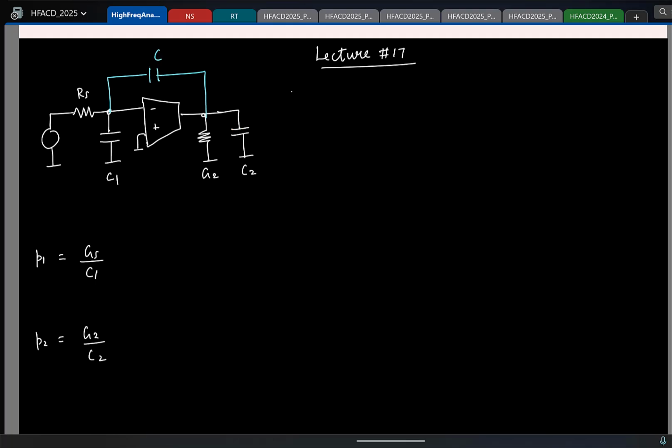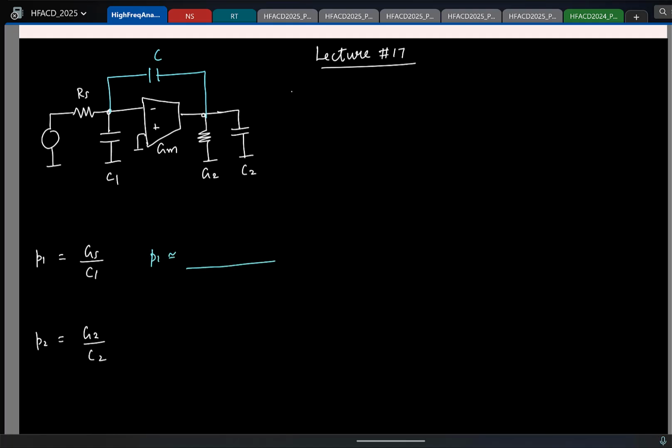If I call this GM, what is the very low frequency voltage gain from the input to the output? Minus GM by G2. So this capacitance can be reflected at the input side, capacitance times the gain. So the low frequency pole we can approximate this way.